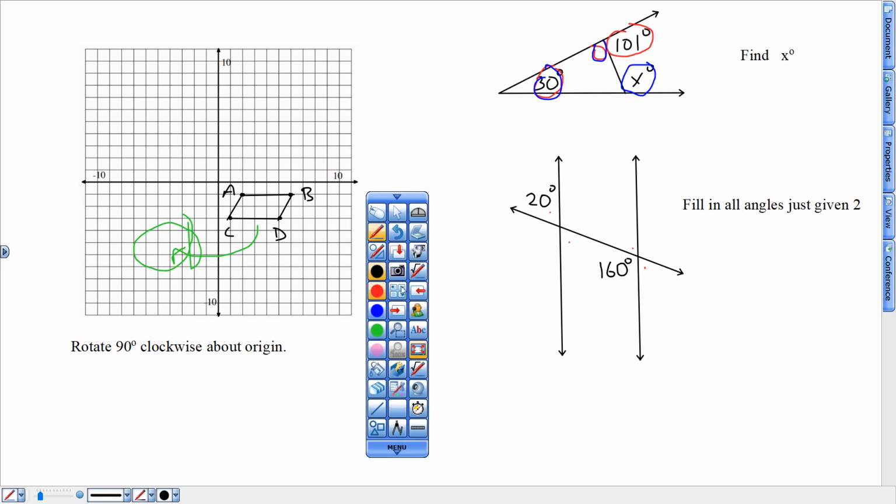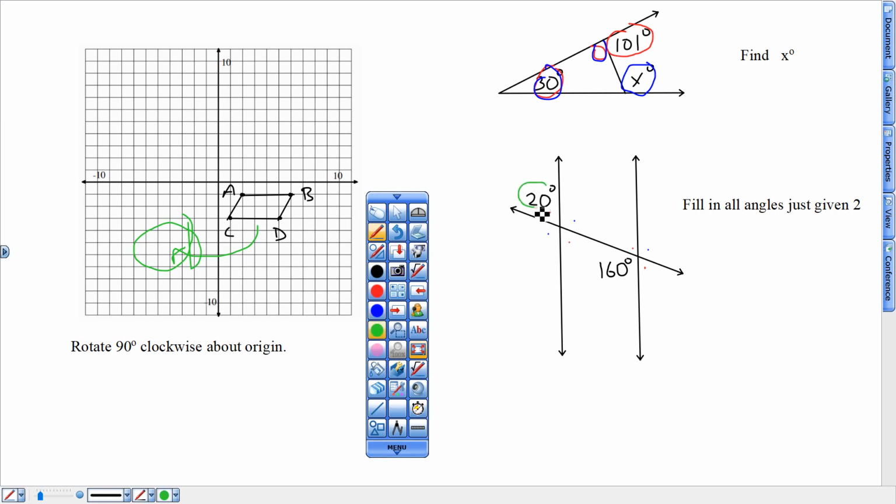So yep, there it is. So that's 20, this is 20, this is 20, this is 20. If this is 160, this is 160. That's 160. That's 160. I want you to see all the angles that are the same, plus all the angles that are supplementary, plus the rules.